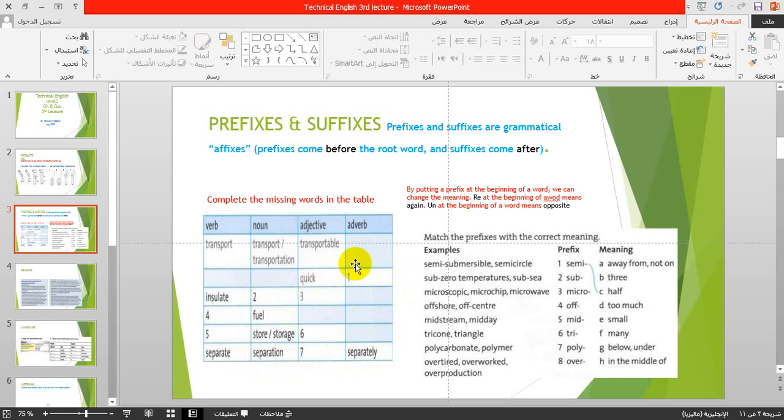Of course, different words. Now match the prefixes with the correct meaning. Examples: look, for example, semi is a prefix, it means half.